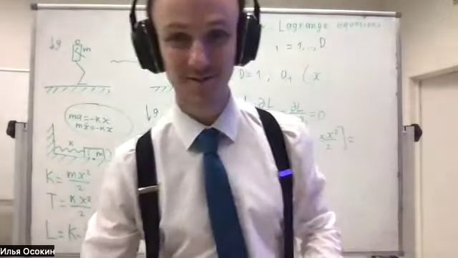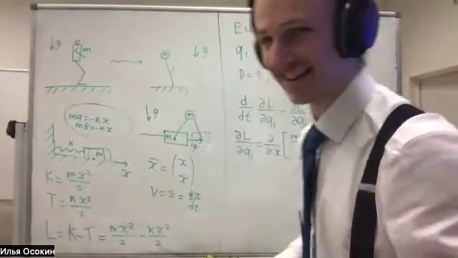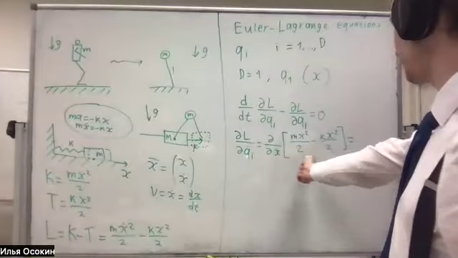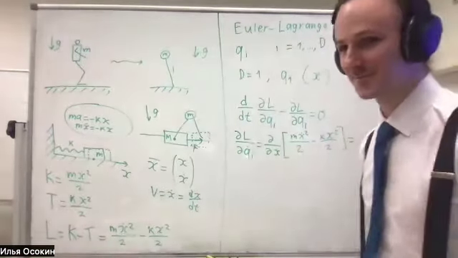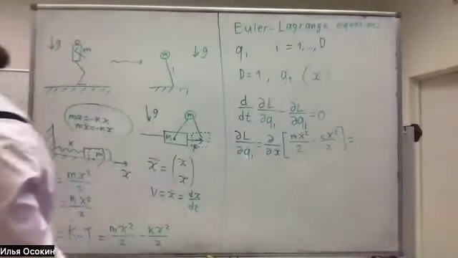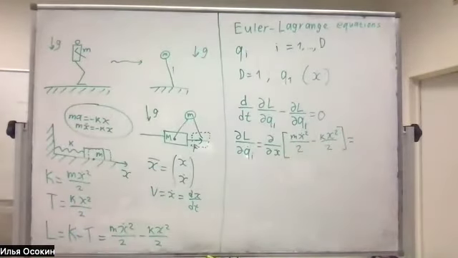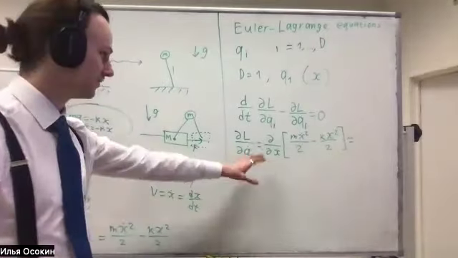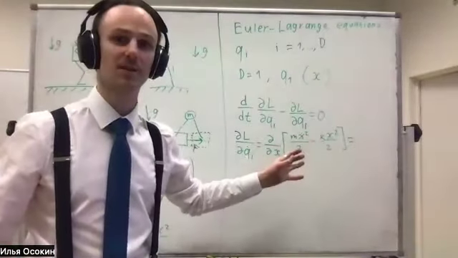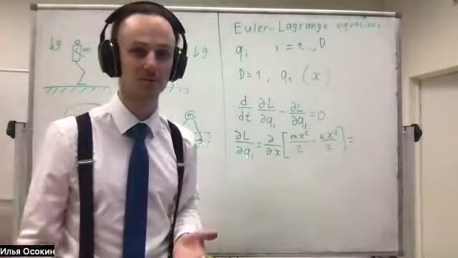Okay, let's get back to the Euler-Lagrange equations. Let's differentiate this Lagrangian by x dot. Do you have difficulties with doing that? If you do, there's no problem.